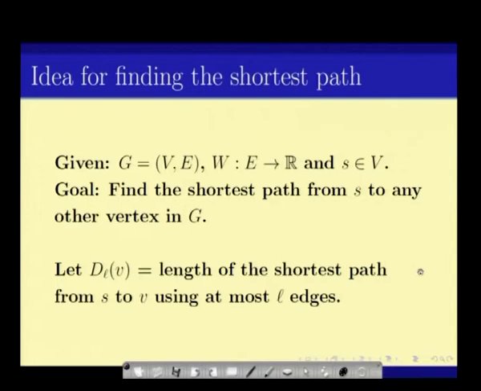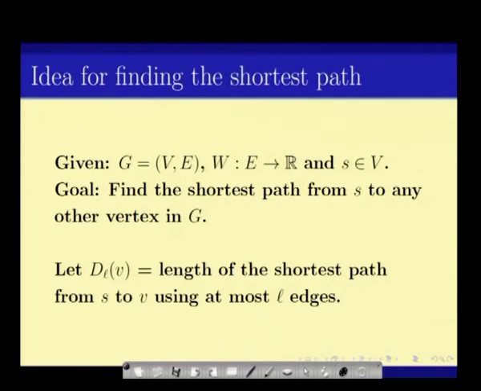What is this? It is the length of the shortest path from S to V using at most L edges. So, you are allowed to use at most L number of edges, and you want to consider the shortest path from S to V. Now, one might ask, what is the usefulness of this thing?